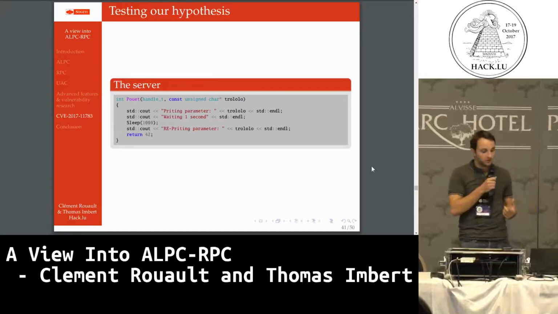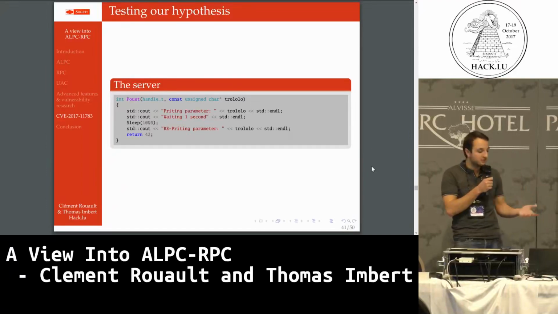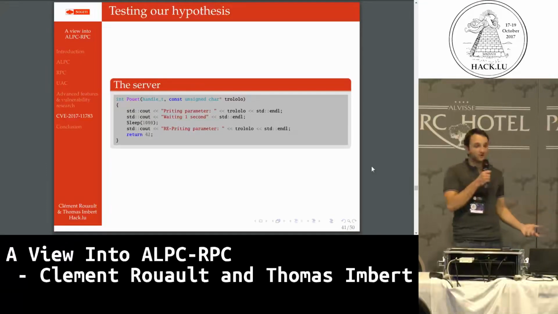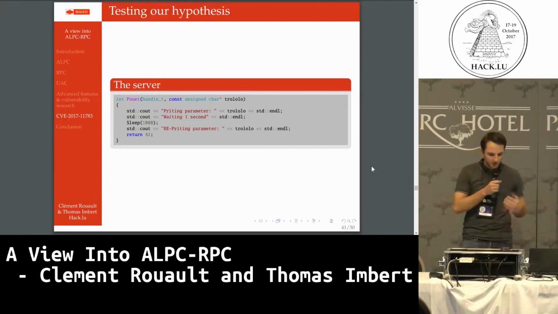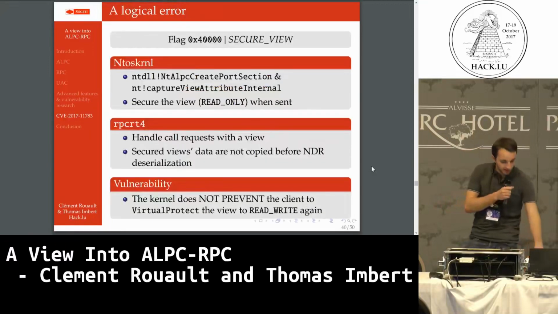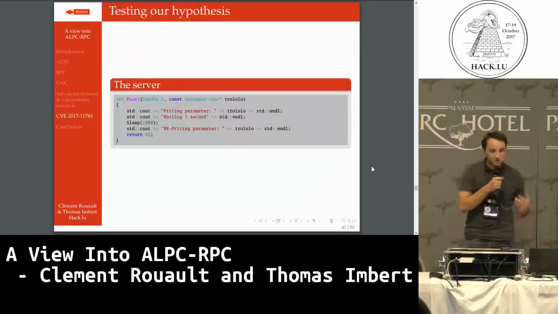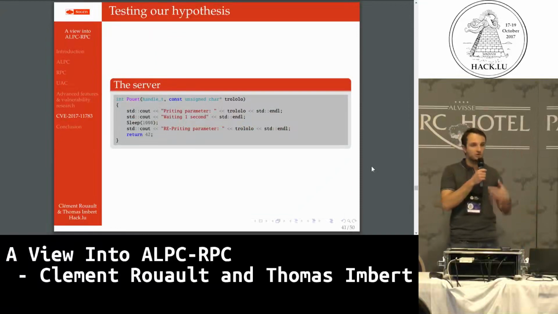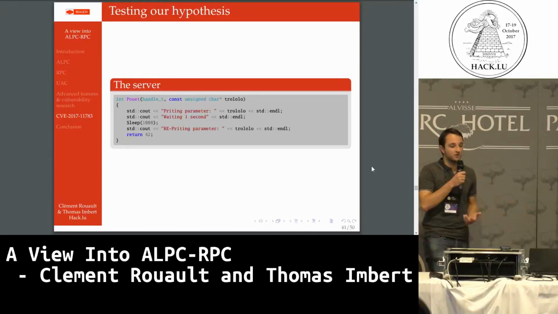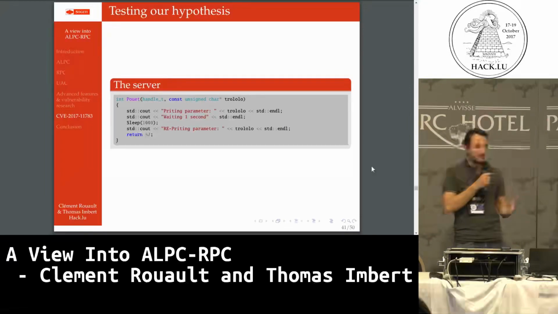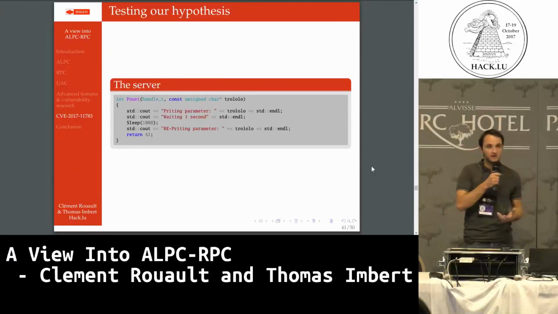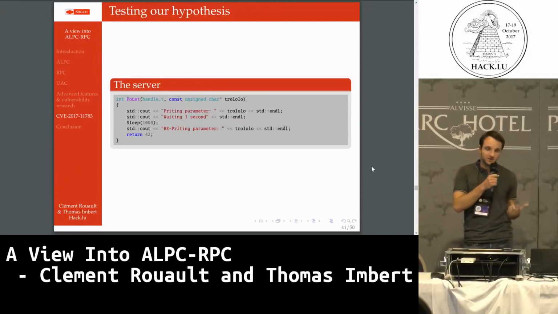Then we looked at the code and saw this flag, 40000, sorry. We found little things that told us we might be able to change the content of a view during the RPC call. It's really strange, and we wanted to test if our hypothesis is true.